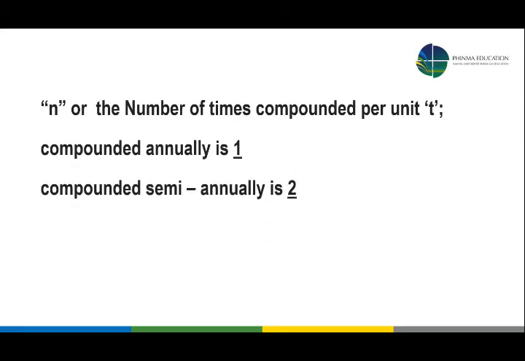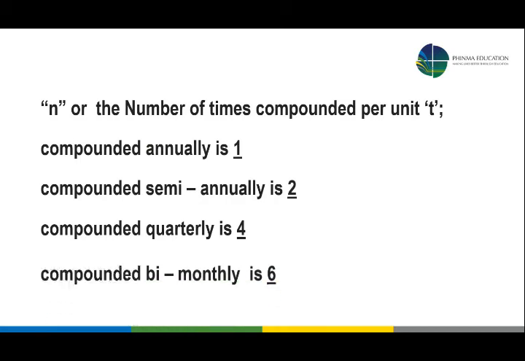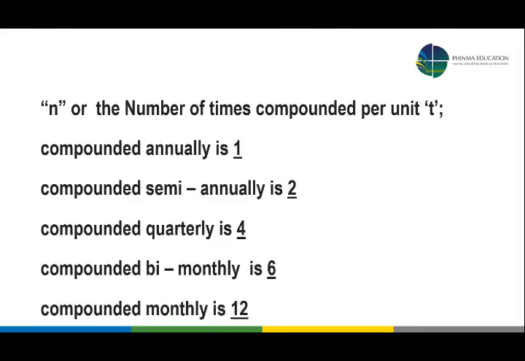If the problem is compounded semi-annually, you're going to use 2 for N. If it is compounded quarterly, use 4 for N. Compounded bi-monthly, use 6, so that is every 2 months. And compounded monthly is 12, meaning 12 times a year. So bi-monthly is 6 times a year, quarterly is 4 times a year, and so on.